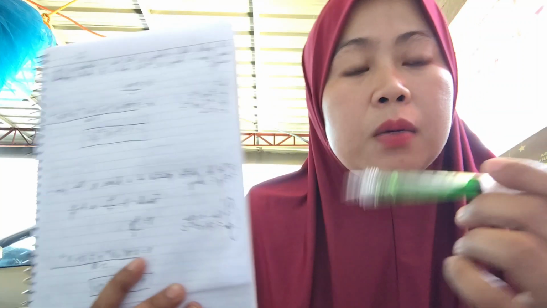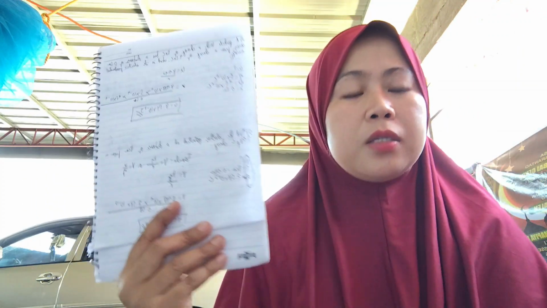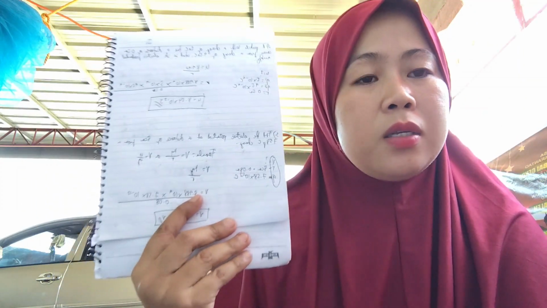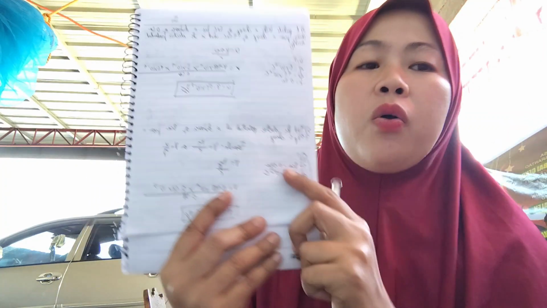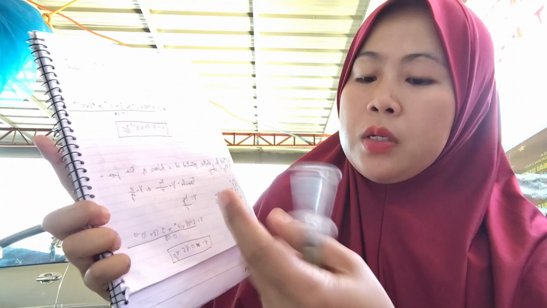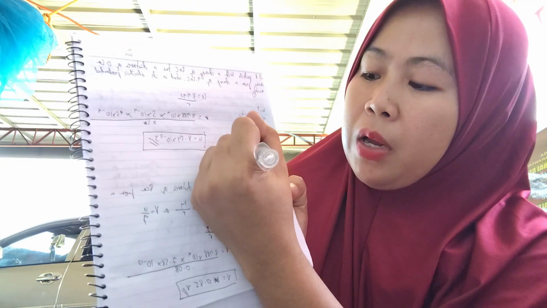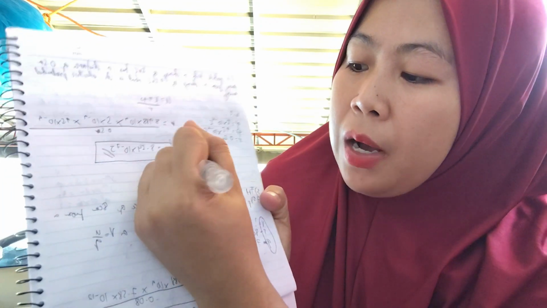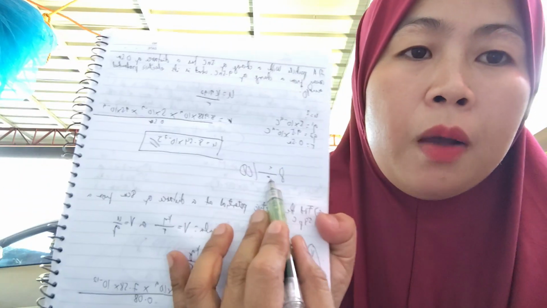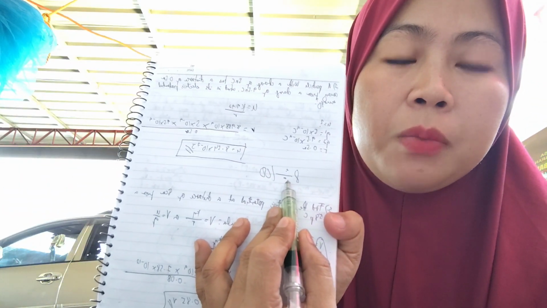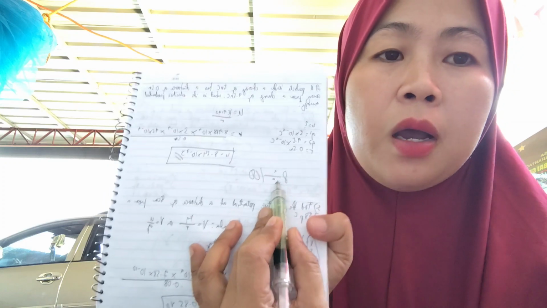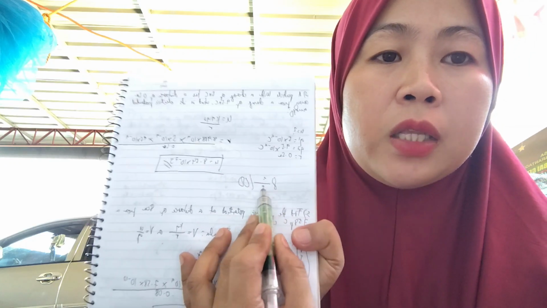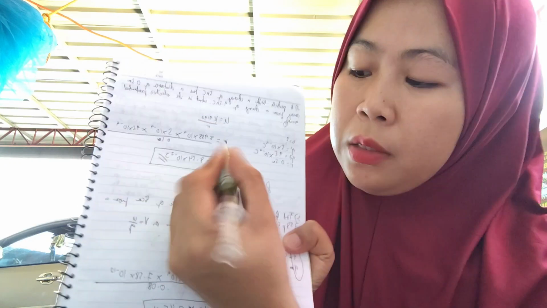So, hindi natin siya masosolve unless kung i-convert natin si 8 cm into meter. So, paano ba siya i-convert? Ang 8 natin is i-divide lang natin siya sa 100. Para ma-convert natin si 8 cm into meters, gagamitan natin siya ng 8 divided by 100.